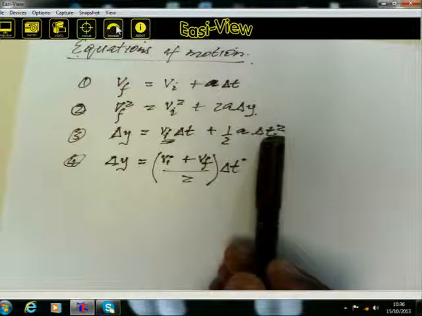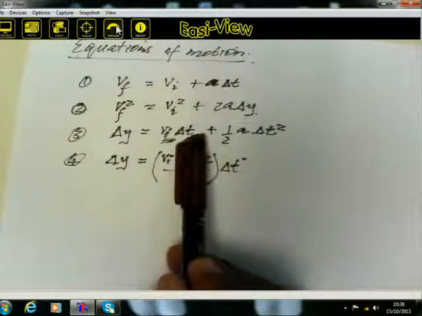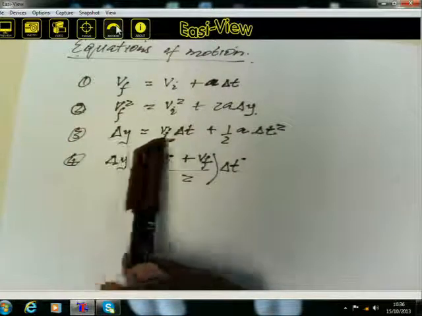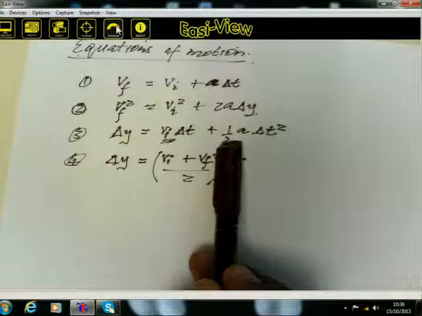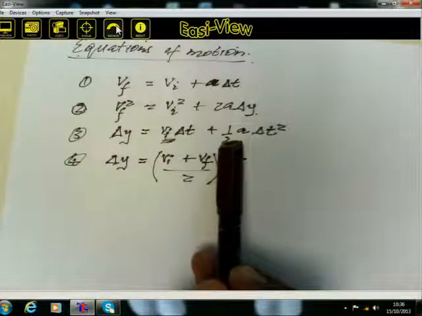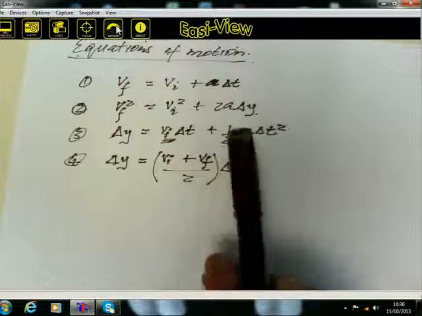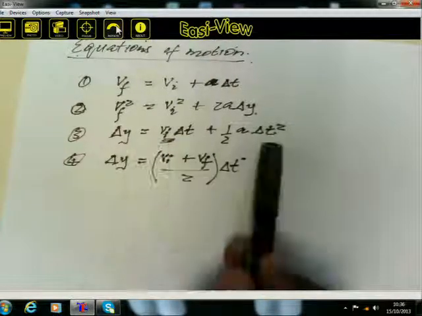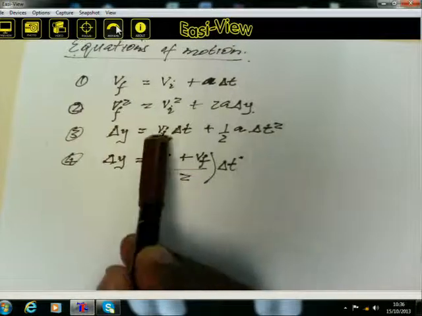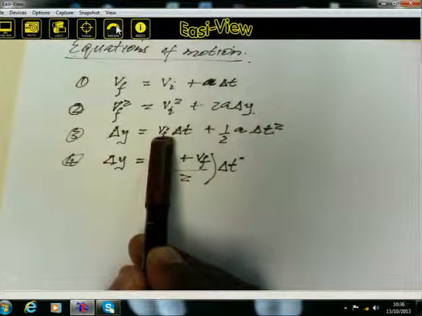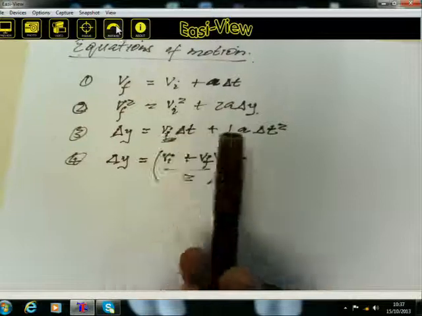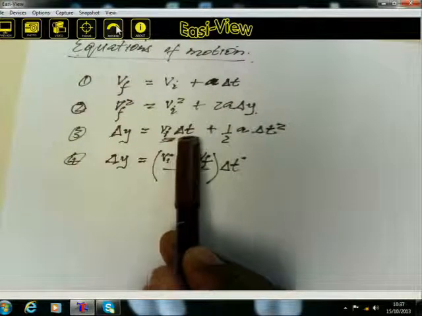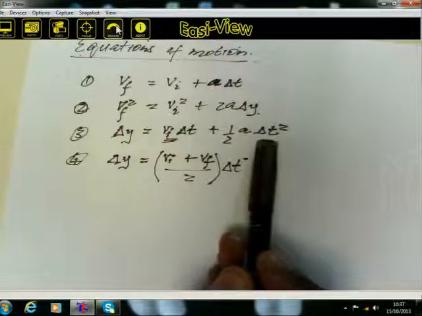The reason here is that if your initial velocity is not 0, then this equation normally will lead to a quadratic equation, which might give us a problem. So avoid as much as you can the use of this equation when the initial velocity is given and you are supposed to find the time.